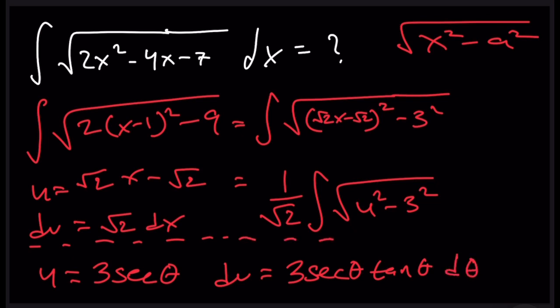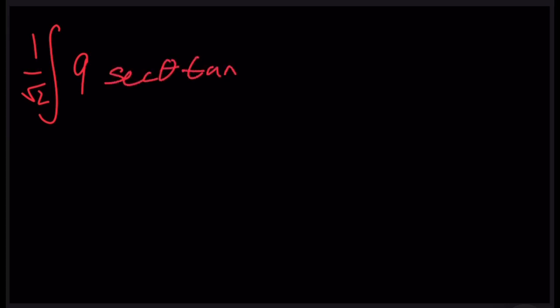So from there, let's rewrite everything in terms of theta so that we get 1 over root 2 times 9 secant theta tangent squared theta d theta.